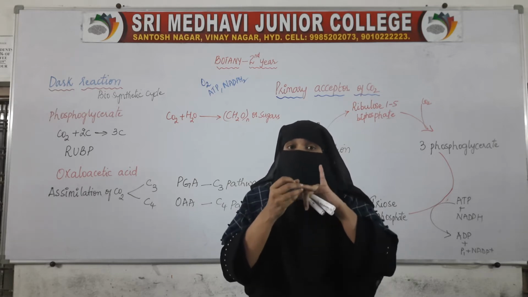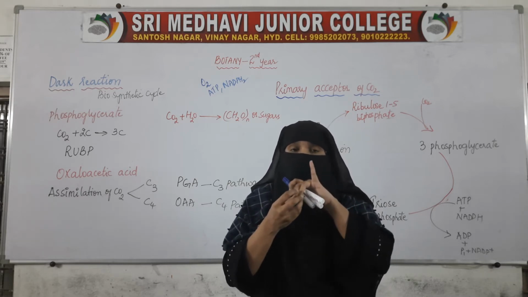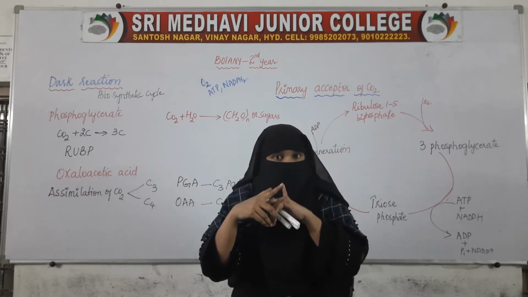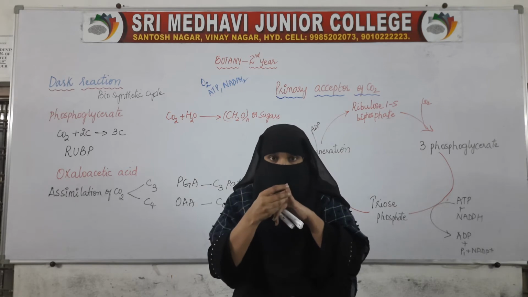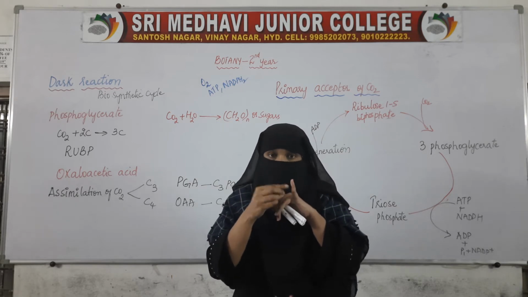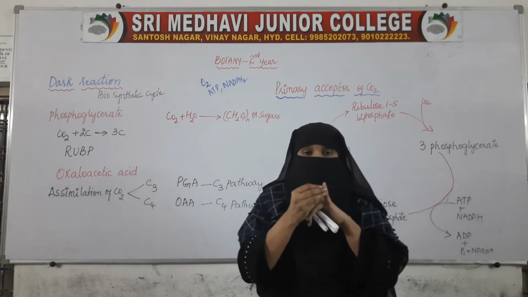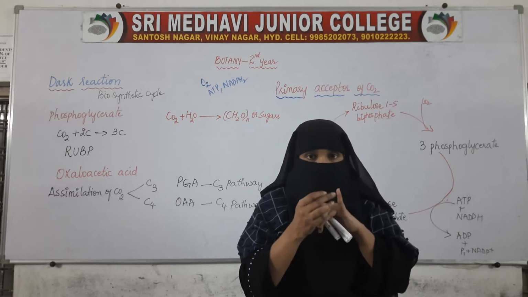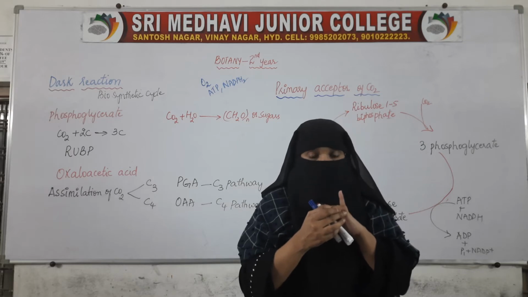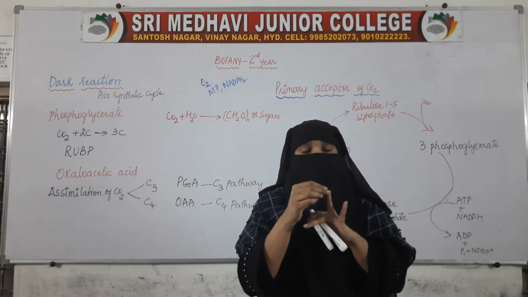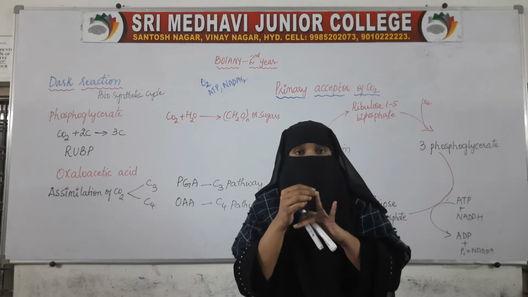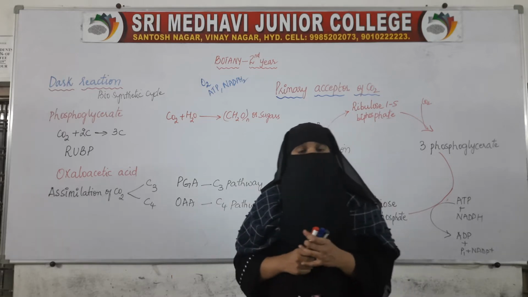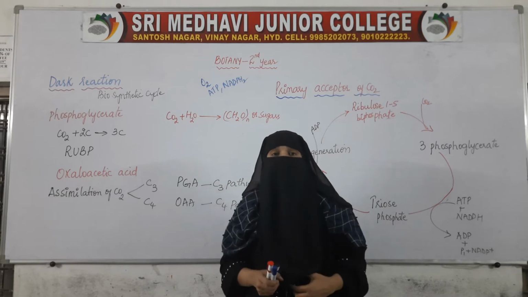Till now the plants have utilized only three factors. They have utilized chlorophyll to trap the sunlight, and water has already been broken down. The only thing which has not been utilized till now is carbon dioxide. In this dark reaction, carbon dioxide will be utilized.